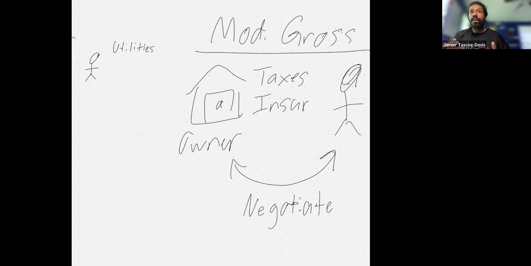So, for instance, if this is a business with refrigeration and storage, temperature is very important. Here's a good example, one I've talked about before and will talk about when we get into triple net leases.